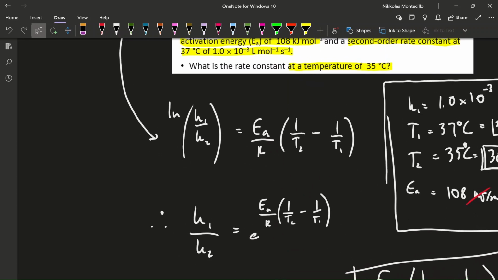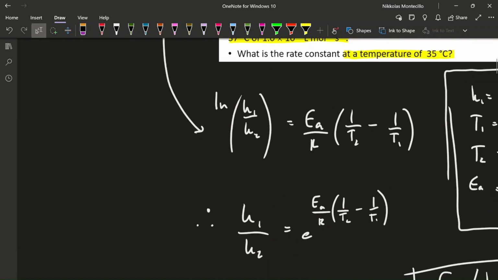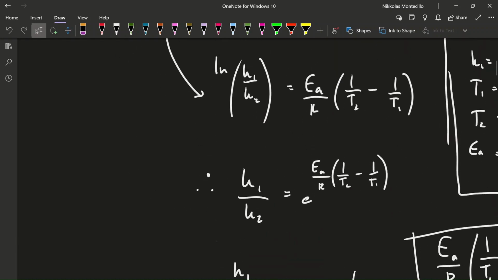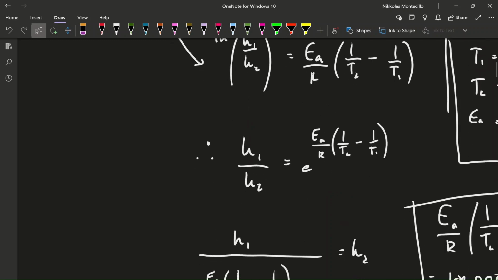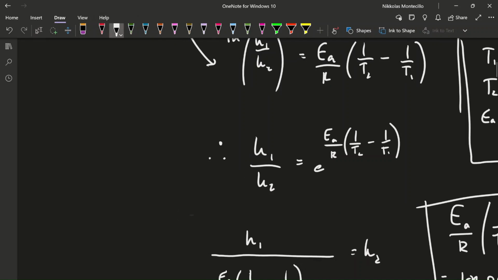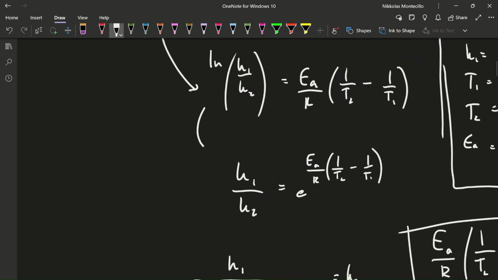Now, from here, since we're isolating for K2, we want to essentially multiply both sides by K2.